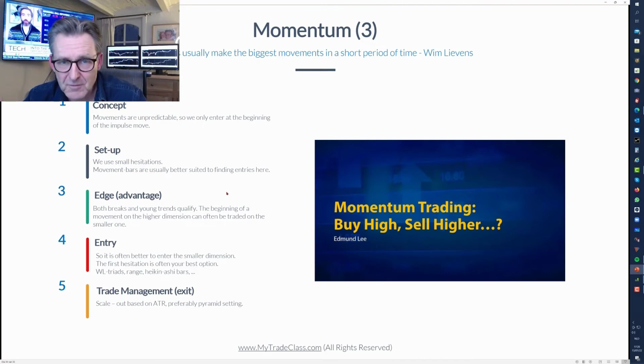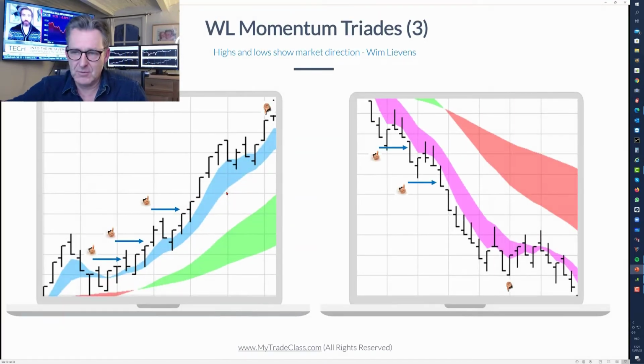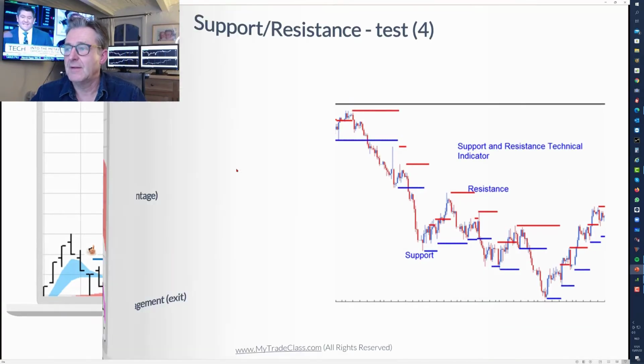But with movement, with range bars, for example, this is a great strategy, because sometimes you get a strong move, so you have different bars, then it hesitates a little bit, and that gives you a signal to enter on the long side. The signals are given, you can see this here, on the WL momentum. Yeah, so you see these triads on the WL momentums, which under certain conditions will give you buying signals.